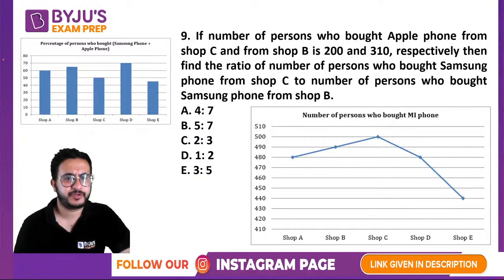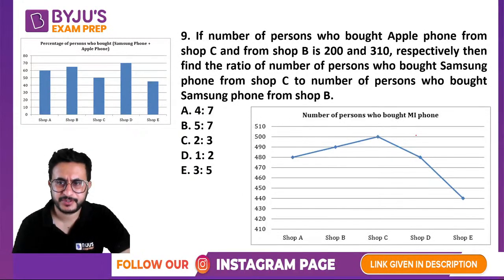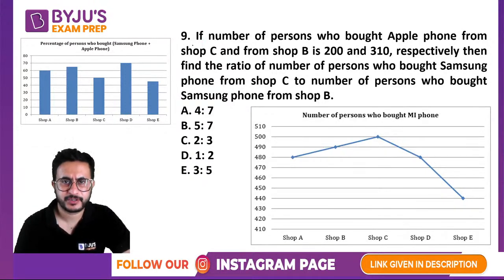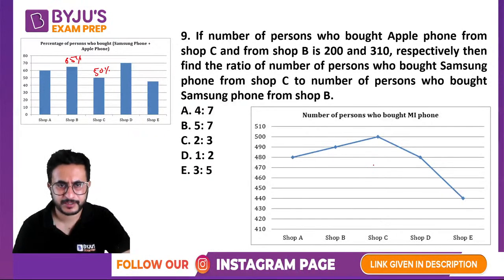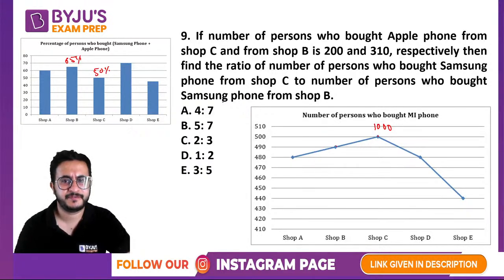So we will have to calculate for B and C. D we already calculated in the previous question. B is 65% and C is 50%, so 50% means double. C will be 1000. In this case B is 65%, so MI will be 35%, which is 7 by 20.